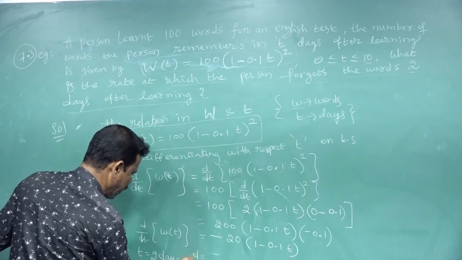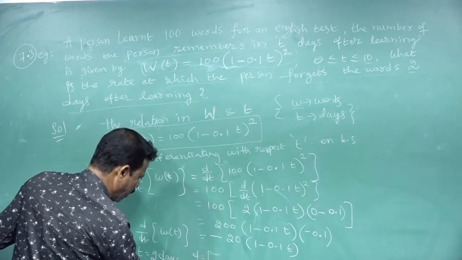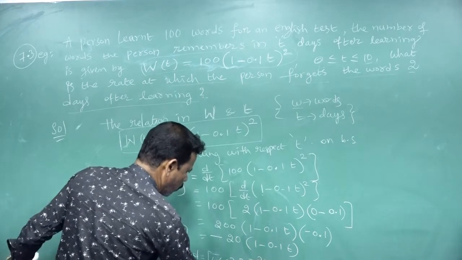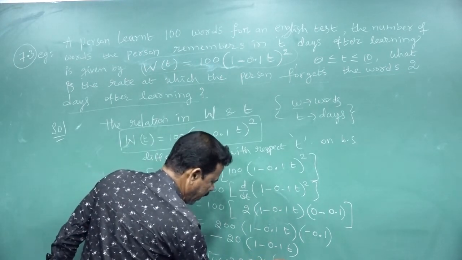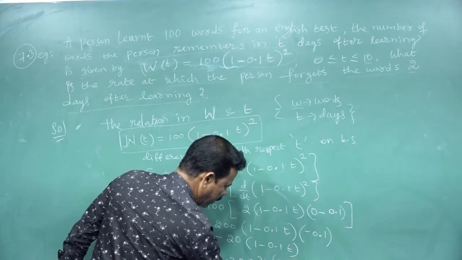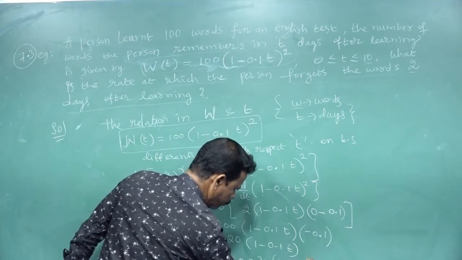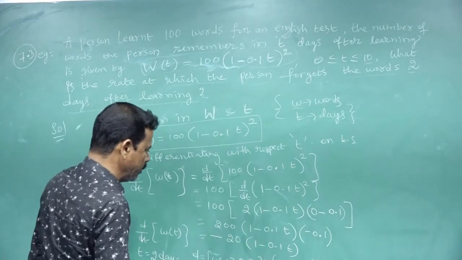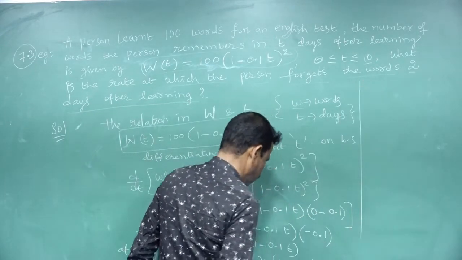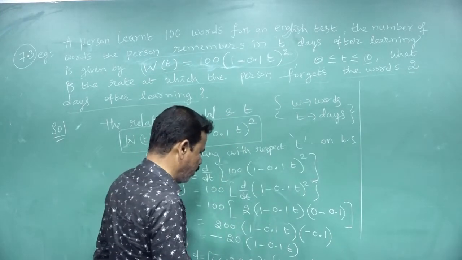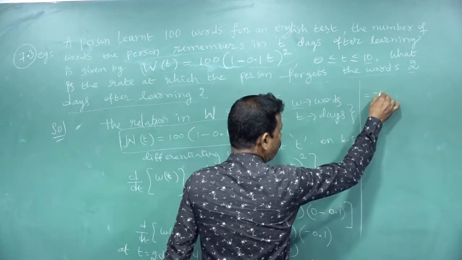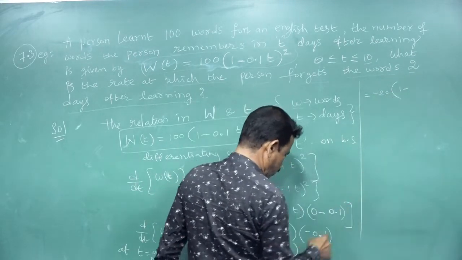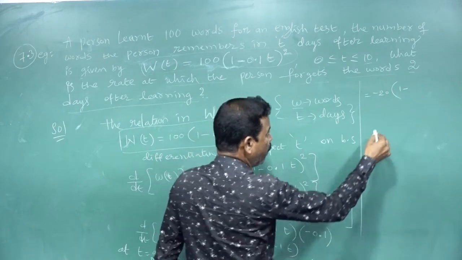Substitute in this: dW by dt at 2 is equal to minus 2 into 20 into (1 minus 0.1 multiplied by 2). Now the calculation: minus 20 and this is 1 minus 0.1 into 2, that is 0.2.